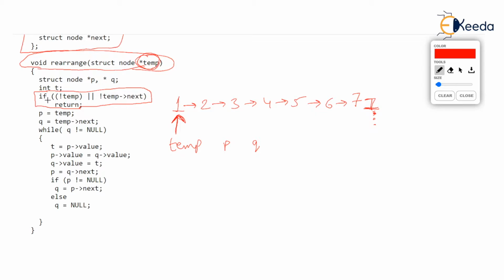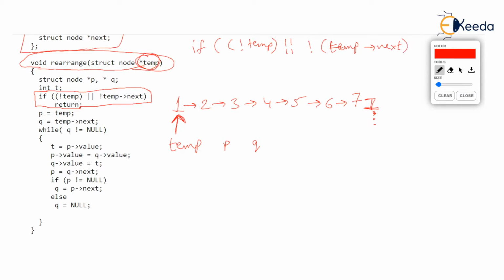Now the condition is if not temp. I'll write it here. This condition is written as given: if not temp, or not temp arrow next.